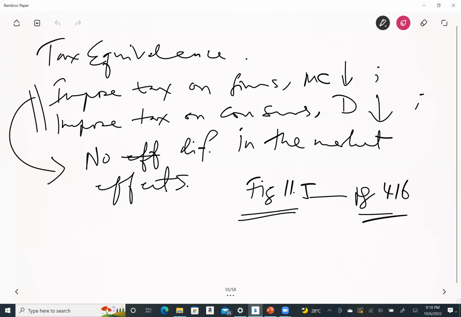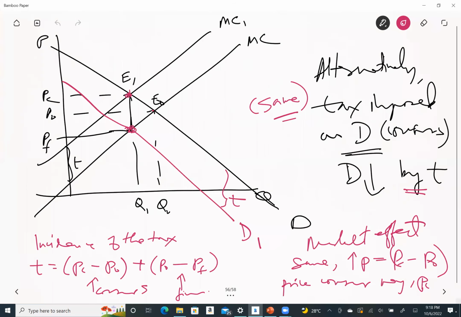Okay, so we discussed that. You will see, the shift in the supply or the shift in the demand will be equivalent. The incidence of the tax on the firm will be the same as the incidence of the tax on the consumers. So from there, you have what we call backward shifting and forward shifting.